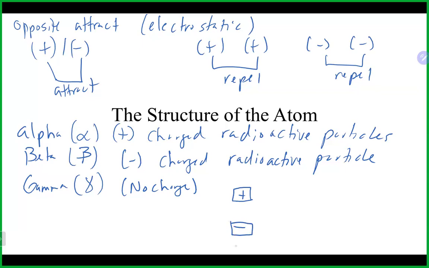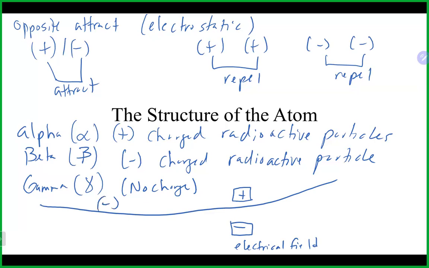If you had an electrical field and you shot a particle at it and it bent upwards towards the positive side of that electrical field, that would tell you that that particle most likely had what type of charge? Yeah, it would most likely have a negative charge, right? Because it's going to be attracted to the positive side of the electrical field.